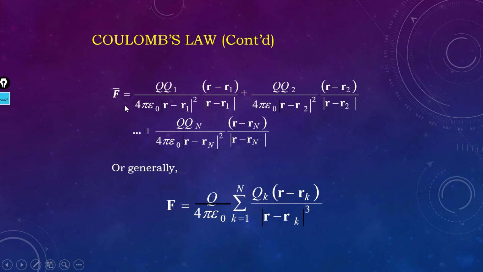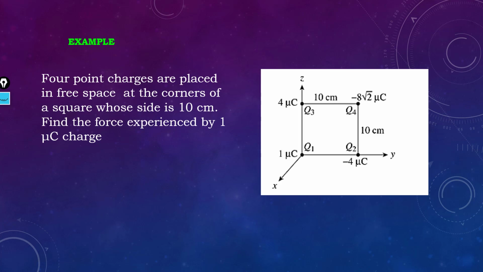In equation form, it is given by F bar is equal to the force exerted by Q1 on Q plus the force exerted by Q2 on Q plus the force exerted by Qn on Q, where R minus R1 is the position vector which is known as capital R1, as shown in the previous diagram.